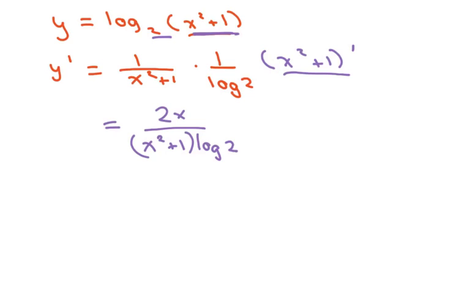So the only difference between this one and the one we did earlier is that when your base is different, you're going to have to multiply basically the denominator by log of a. And then again, I'll write it out.